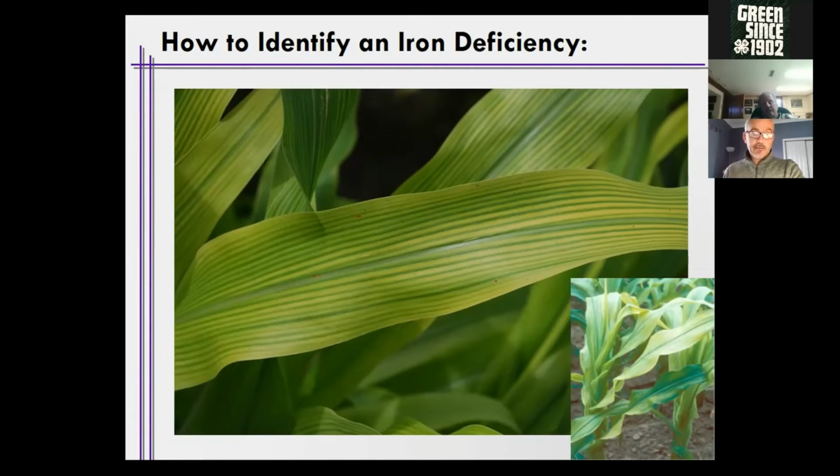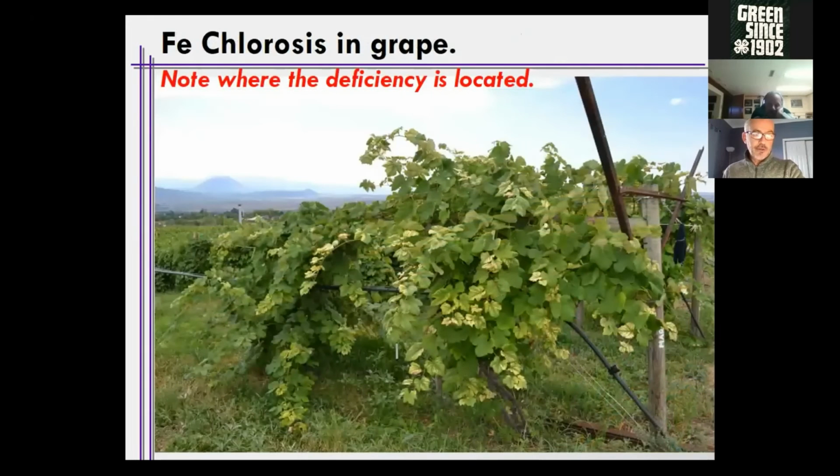Because if you're typically classifying deficiencies for macronutrients, almost all the macronutrients, not all of them, but almost all, in terms of deficiency symptoms, you're going to see in older leaves, not younger leaves. What this tells you, and it's shown here in this picture of this grape plant, is that the deficiency symptom is on the newer leaves.